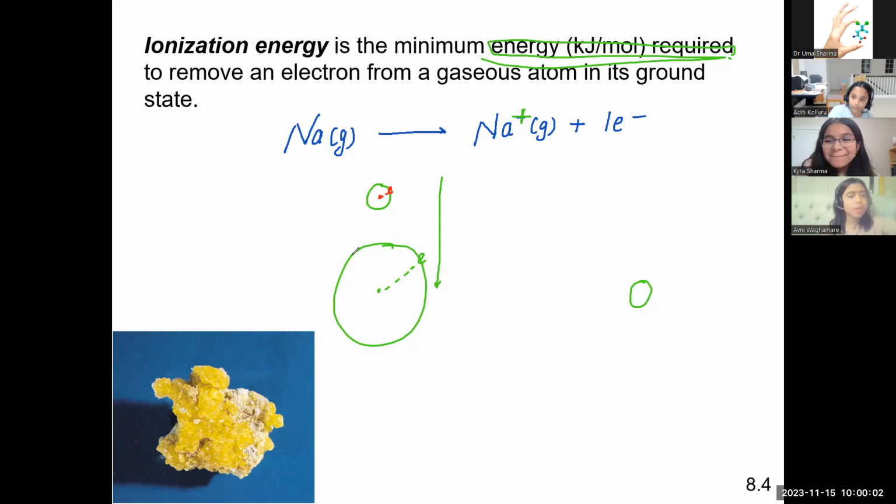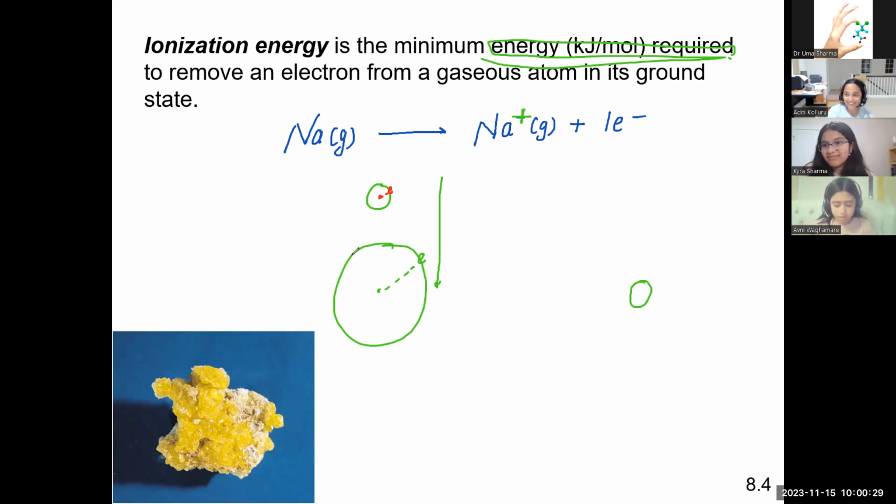Okay, Avni, can you give the reason why? Because if it's bigger, it means there are more shells and more shielding effect, and also the nucleus and the electron are farther away. So the force of attraction is less, so it's easier to remove it. Aditi, do you want to correct your answer now?